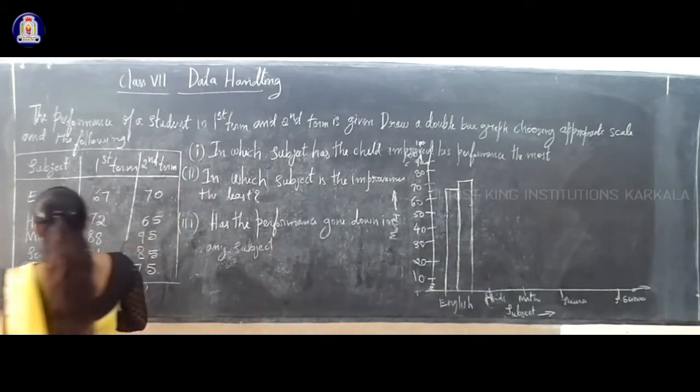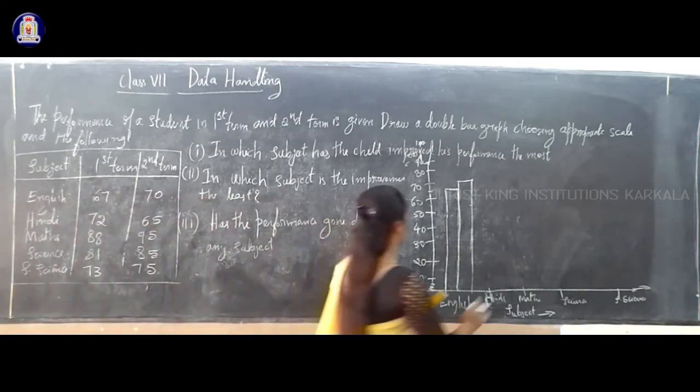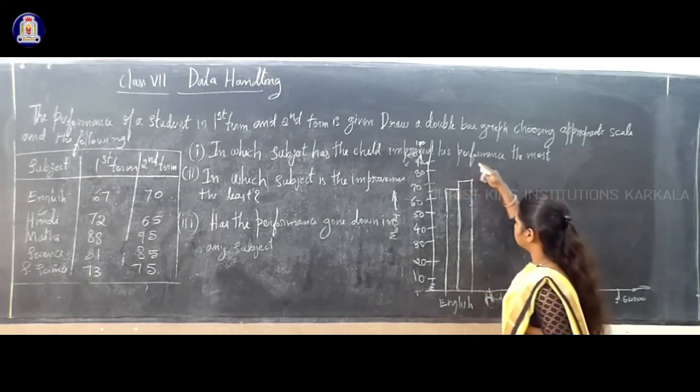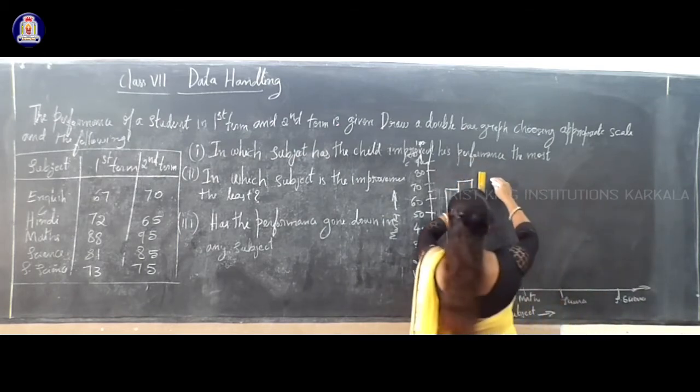Now you have to see the next subject is Hindi. In Hindi he scored 72 marks in the first term and in the second term he scored 65. That means performance is decreased, isn't it? 72 to 65, the marks decreased. 72 is in between 70 and 80.